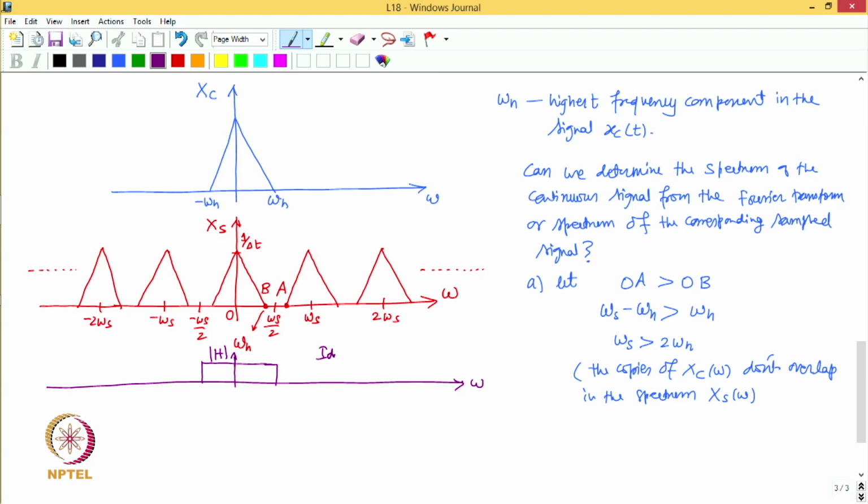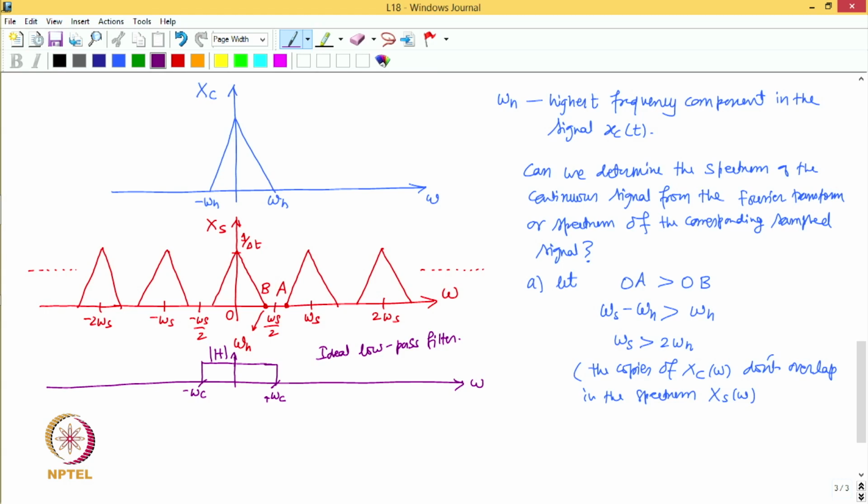This is an ideal low pass filter, because its frequency domain has a sharp cutoff. This is the frequency omega c, which is the cutoff frequency of the filter. This filter allows only the frequency components inside the range minus omega c to omega c to pass through, while all the rest of the components are truncated.